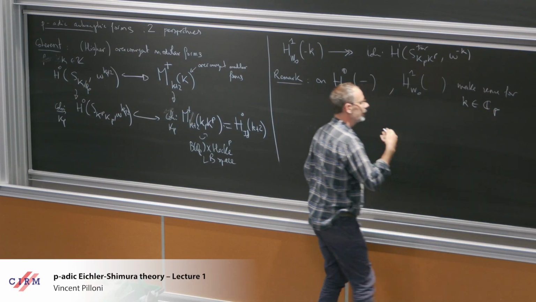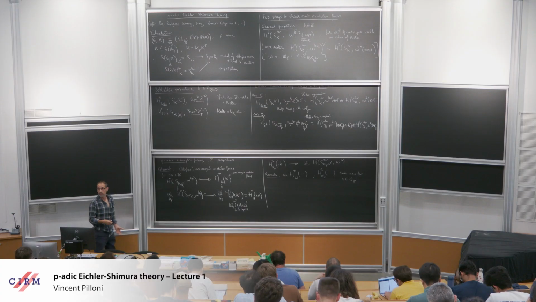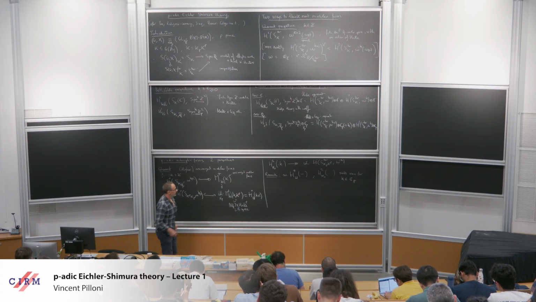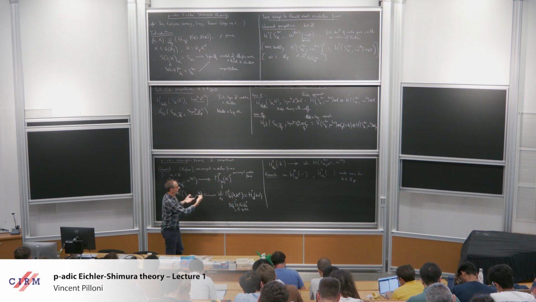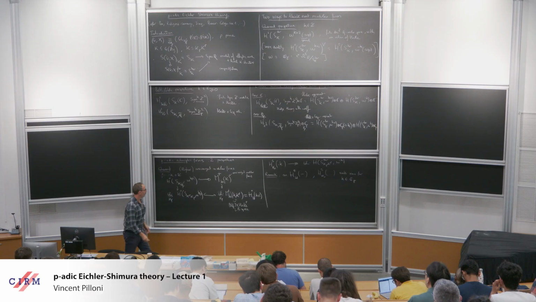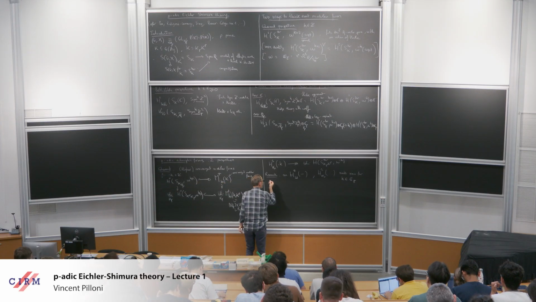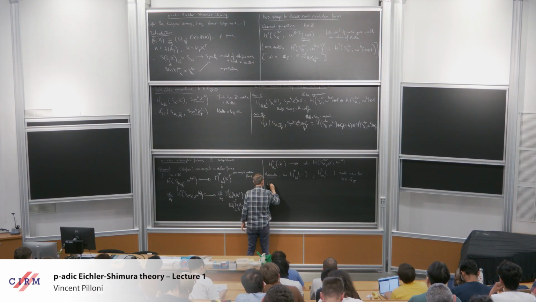So you can now really allow your weight to be any element in C_p and not just in Z. So there are many more sheaves, and there's really room to see families of modular forms. Okay, all right. So now let's come to the étale side of the picture.